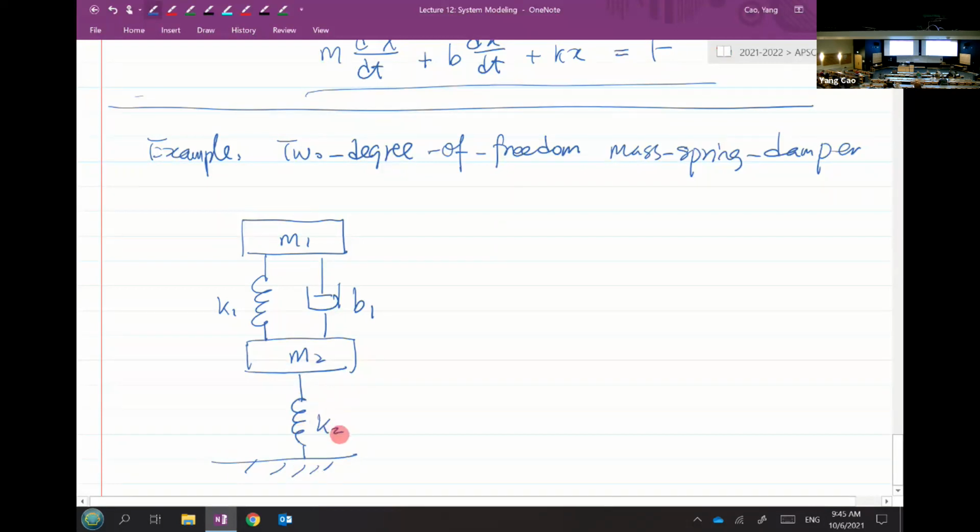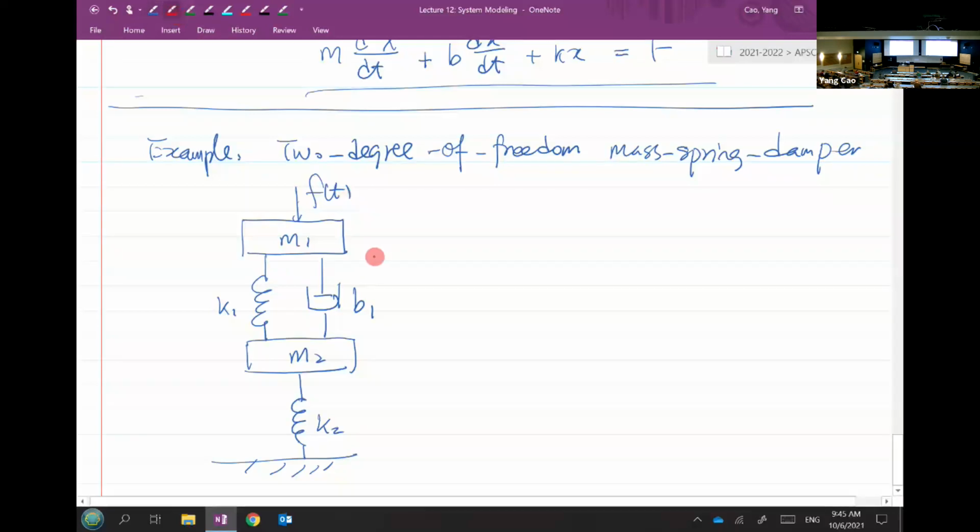So you've got two masses stacked on top of each other, separated by a mechanical spring and a damper. And we have an external force applied to M1, called F of T.